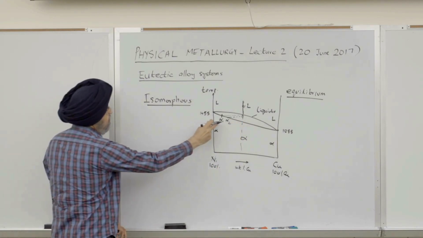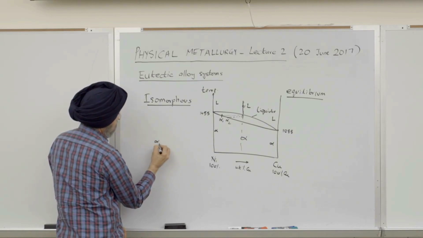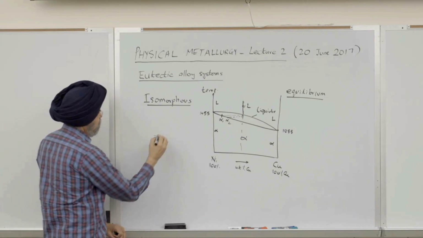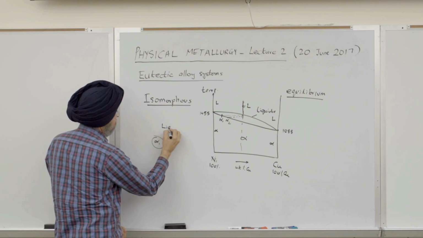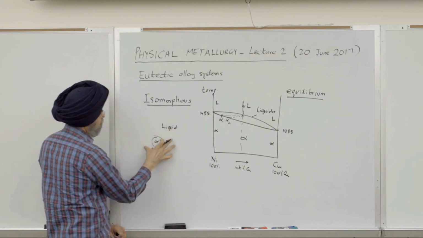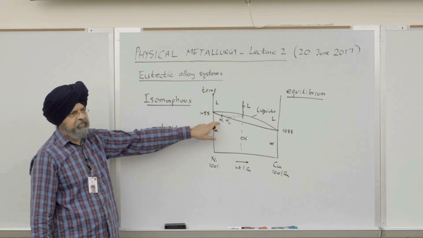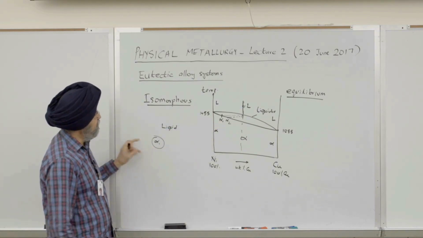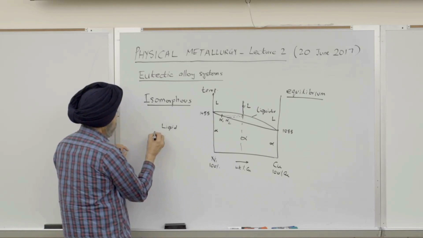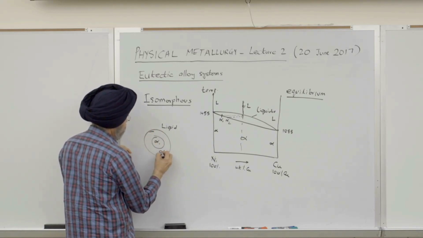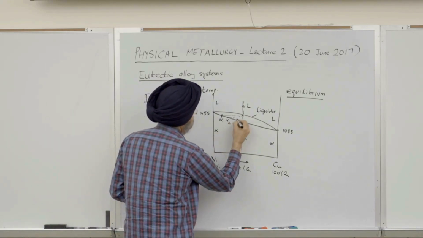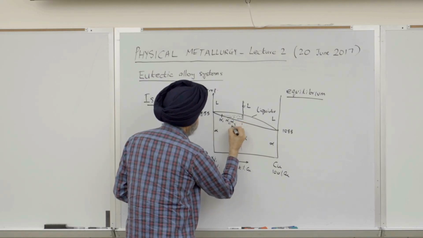The first metal to come out will have composition alpha 1, in a liquid matrix, like a pot of liquid that we're cooling down. The second material to come out will have composition alpha 2, and so on, alpha 3.